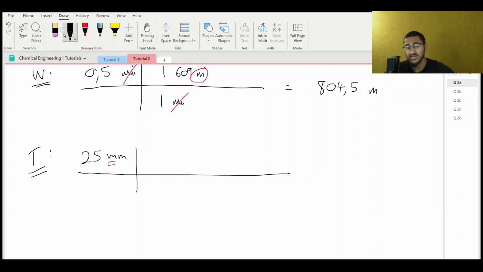But just in case you get confused during a test, remember that 1 millimeter is the same as 1, and milli is the same thing as times 10 to the minus 3 meters. So all this ends up being is 25 times 10 to the minus 3 meters. All right, so now that we've got all of this, let's proceed.